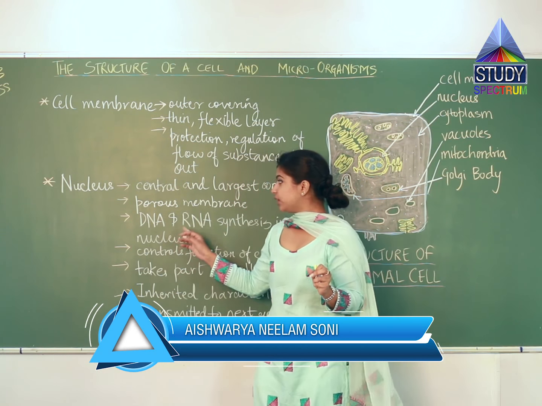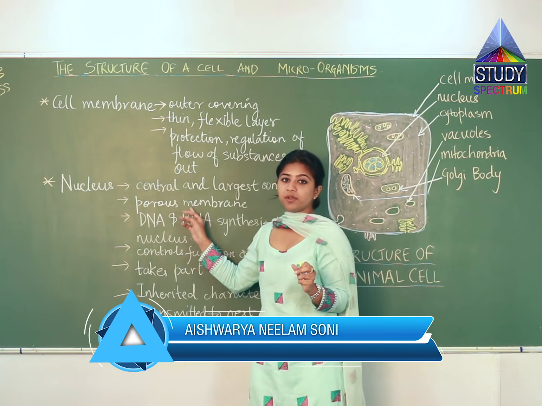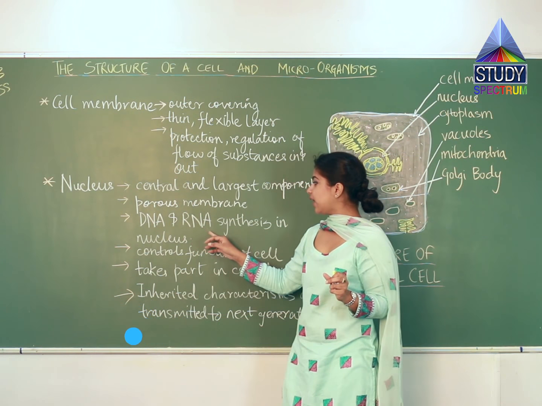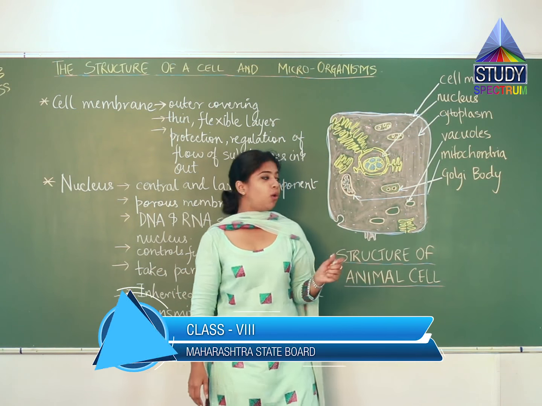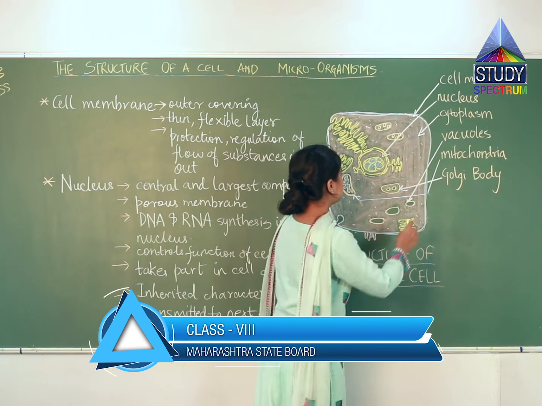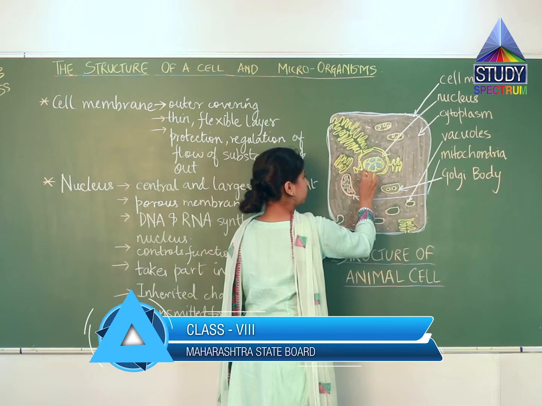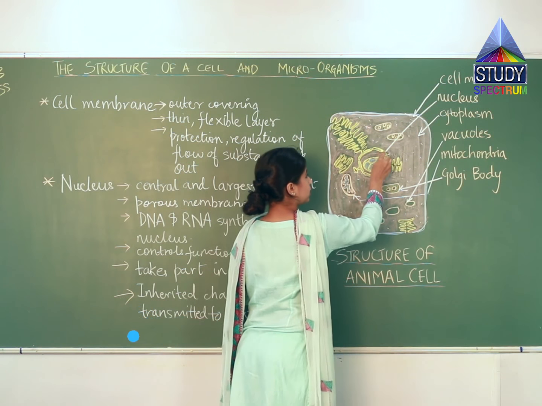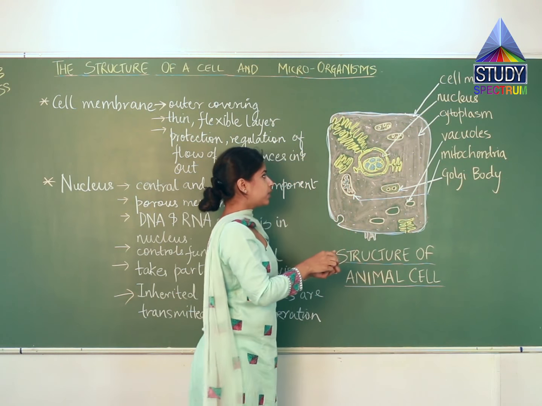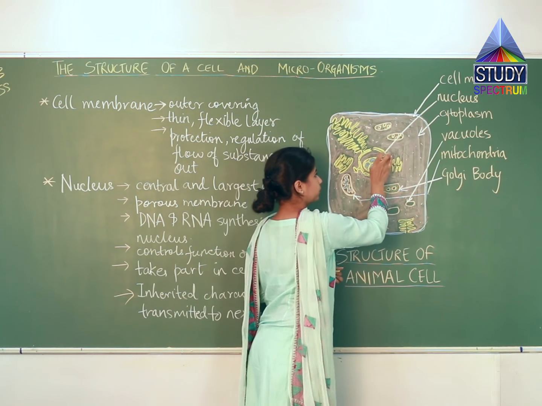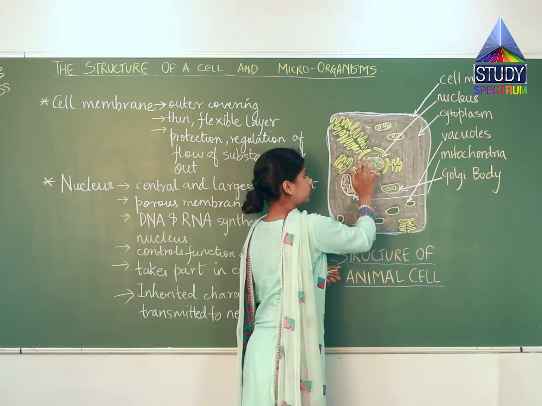The next point is that it has a porous membrane and it helps in DNA and RNA synthesis. Obviously, over here you see all these structures having little gaps in between them, like this.